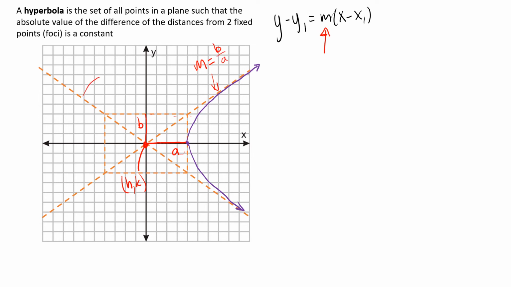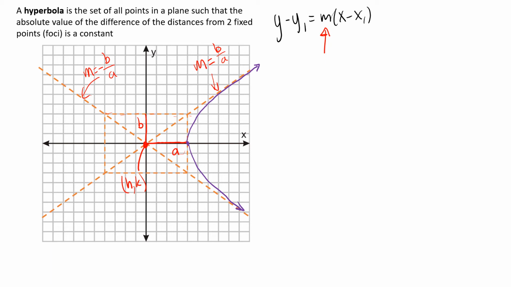For this one, it's the same thing, except now the rise is b, but the run is negative a, so it's negative b over a. So the slope for these asymptotes is either plus or minus b over a. That's easy, because in all these situations we would have b over a.